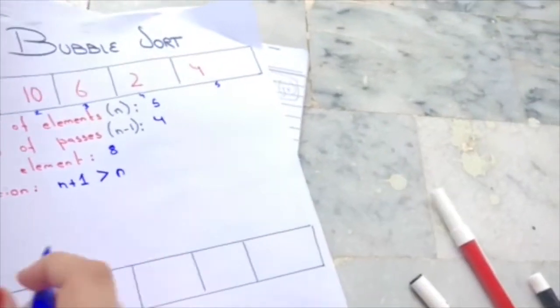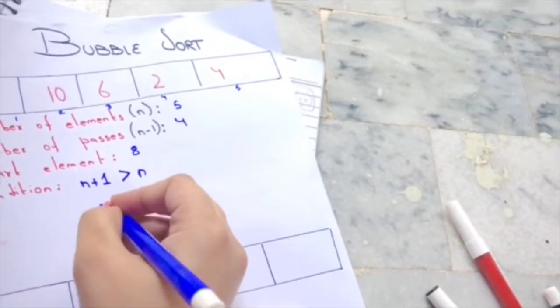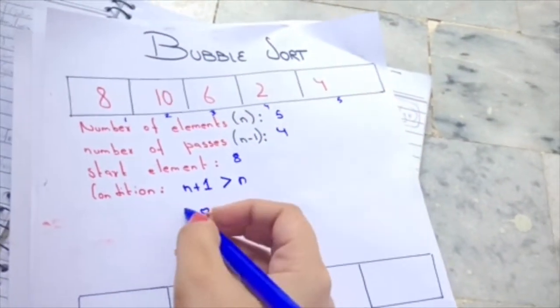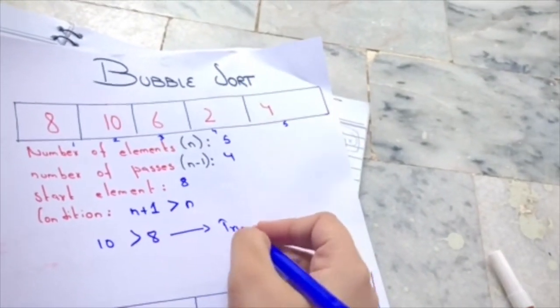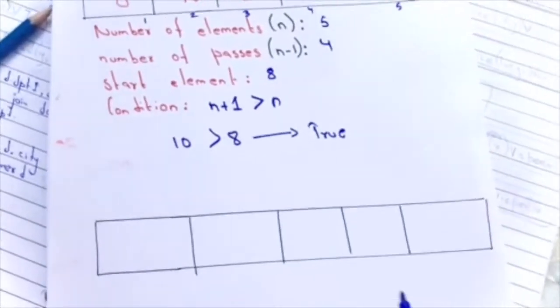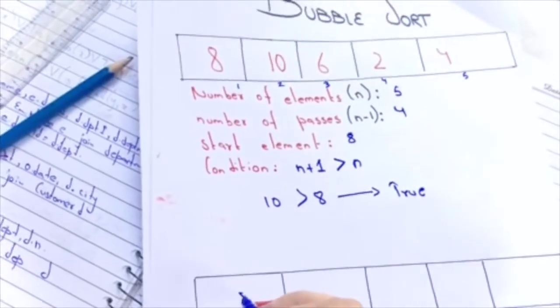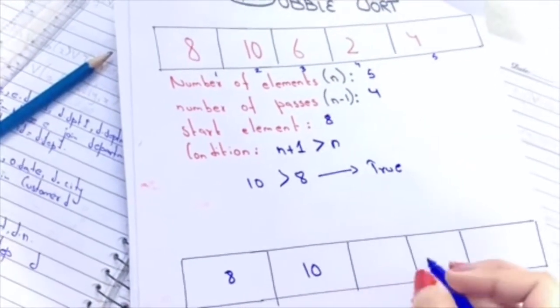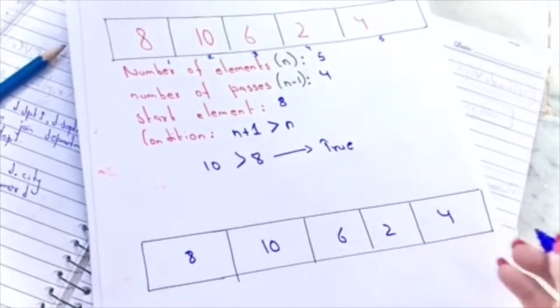Alright, so let's start working. Over here we have N is 8 and N plus 1 is 10. Since this is true, that means we do not need to change the elements of the list. So the list will be written as it was: 8, 10, 6, 2 and 4.